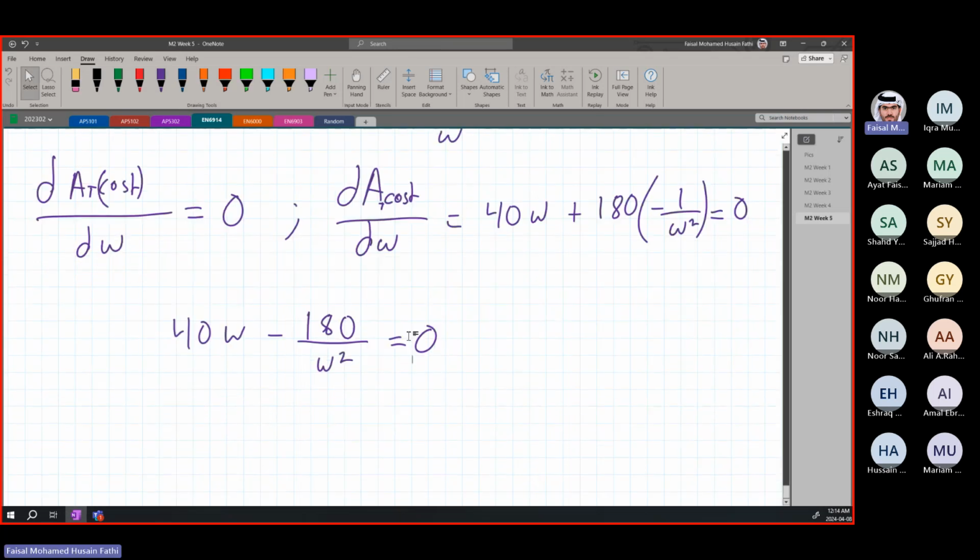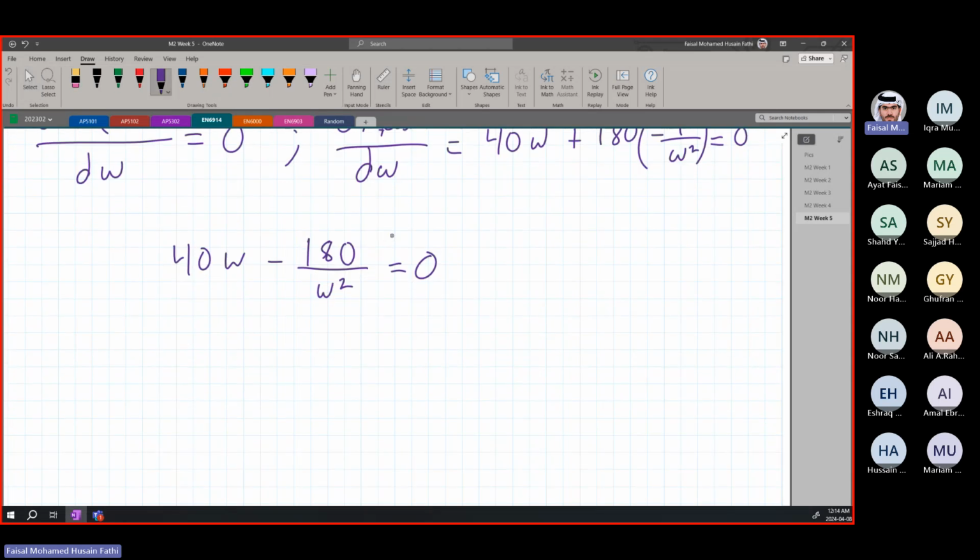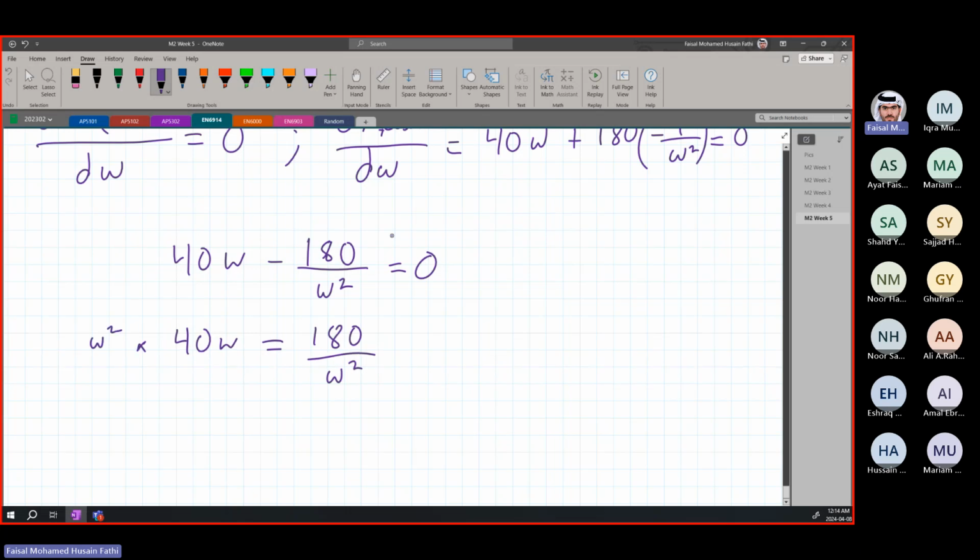All right. There are so many ways you can simplify this even more. So what I would usually do is I just take them to the other side. So it becomes 40W is equal to 180 over W squared. Multiply both sides by W squared to cancel out the W squared. So we get 40 W cubed, and W times W squared is W cubed, is equal to 180 because these two will cancel.